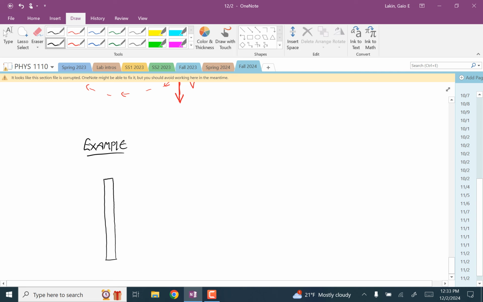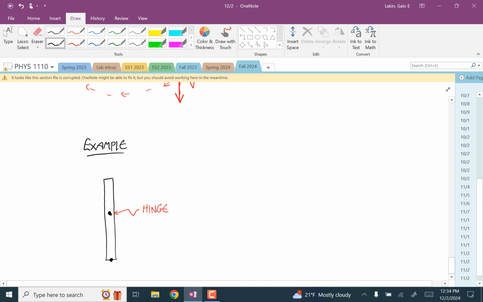The instant that we're going to look at here, it's going to be in a vertical position. And let's say that the hinge is at the center. And let's calculate the velocity of two different points.